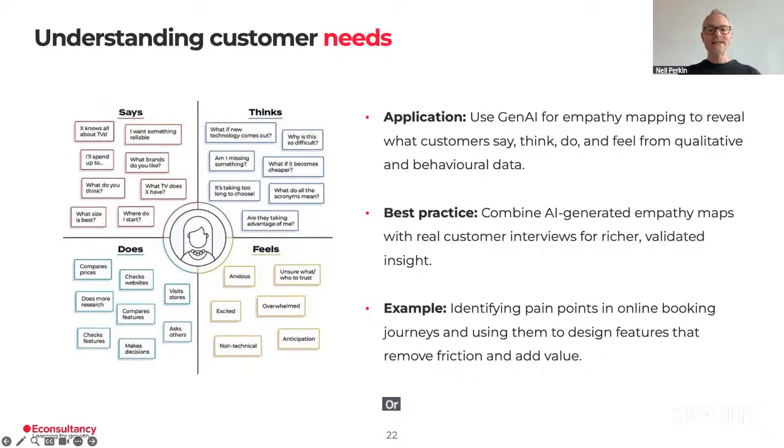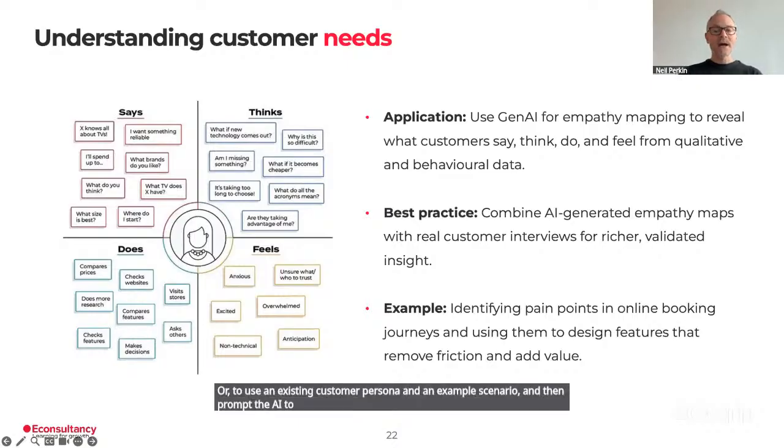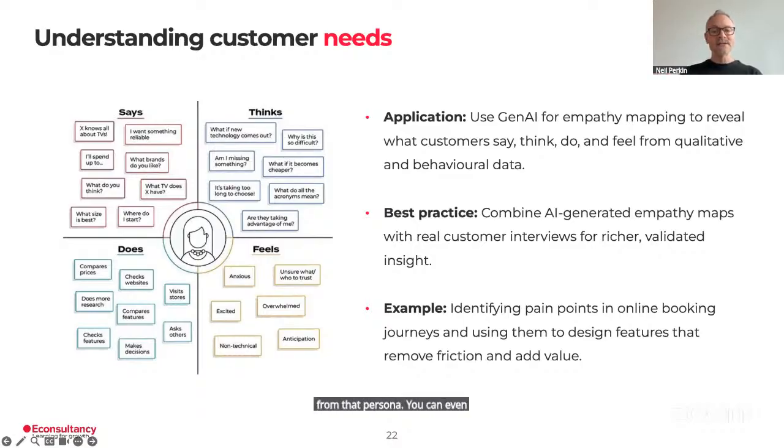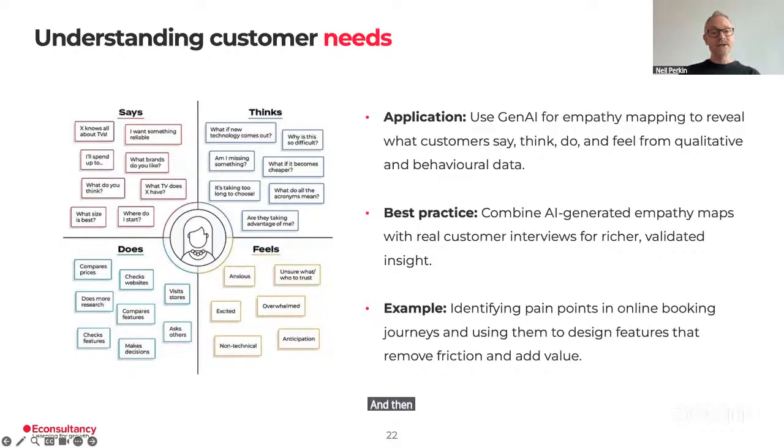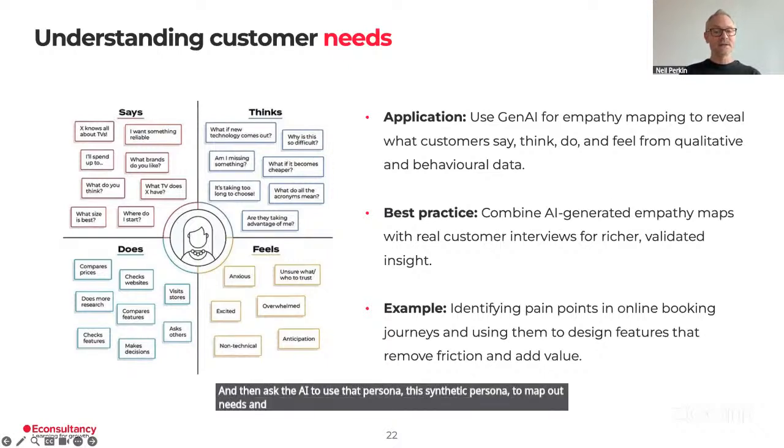So a good technique here is to use qualitative and maybe quantitative data as source material, or to use an existing customer persona and an example scenario, and then prompt the AI to generate an empathy map from that persona. You can even then create a synthetic persona, so a persona generated by the AI, asking the AI to effectively generate its own relevant persona from the data that you actually have, and then ask the AI to use that persona, this synthetic persona, to map out needs and pain points and so on.